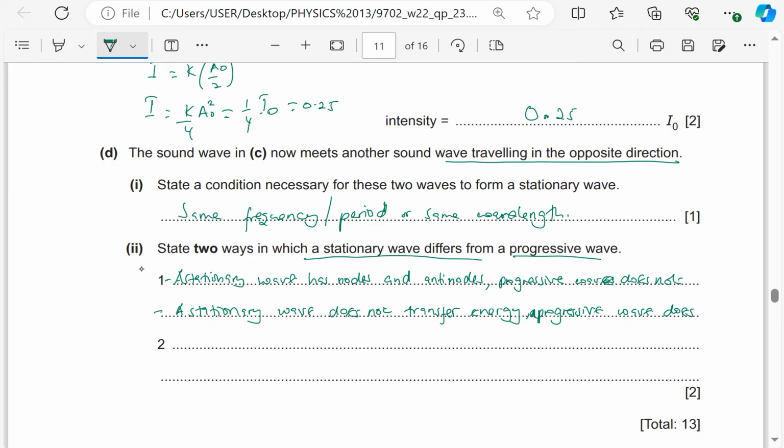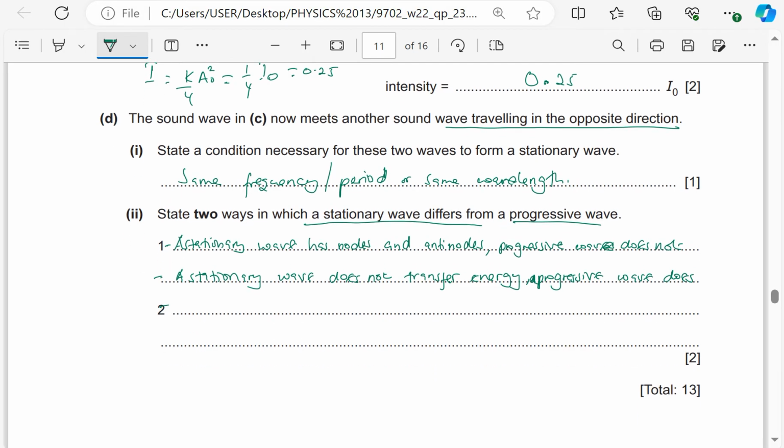Those are two. The number three, I'm not following the lines given here, so I want to write more. You remember from your class that two adjacent particles in a stationary wave vibrate in phase, which is not the case with the progressive wave.